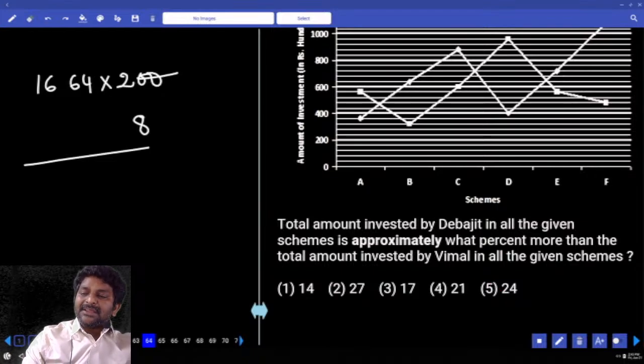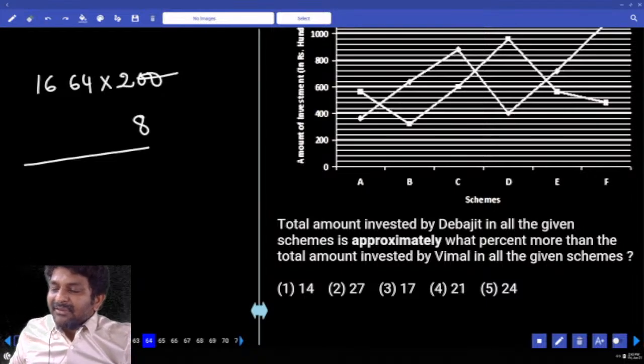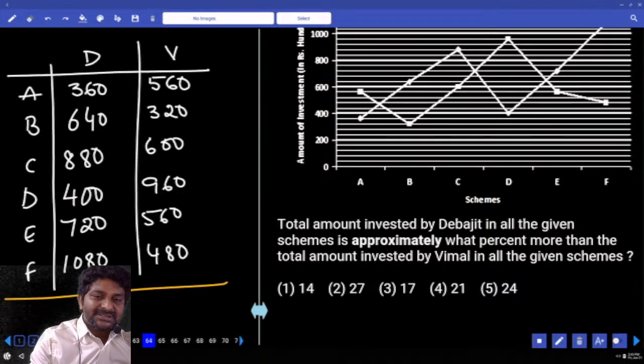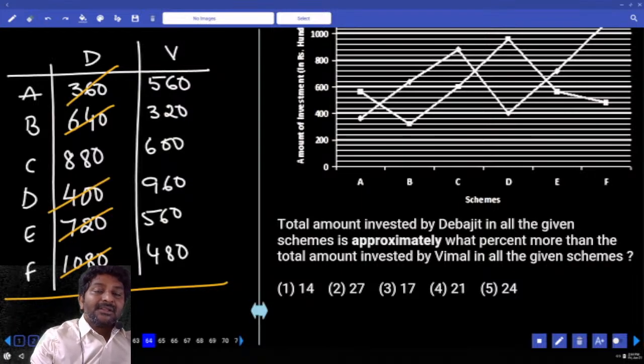The total amount invested by Debajit in all the given schemes together is approximately what percent more than the total investment by Vimal in all the given schemes together? Total value we have to calculate for both persons. Sum of these two numbers? So far, 2000 plus 400, 3000 plus 800, and the leftover.